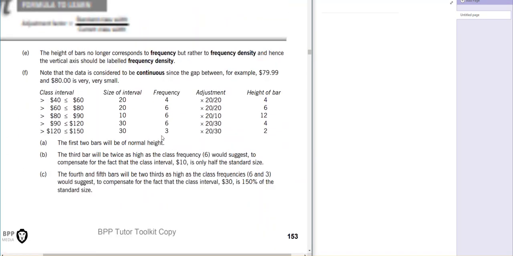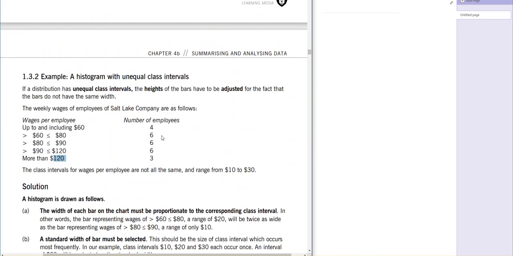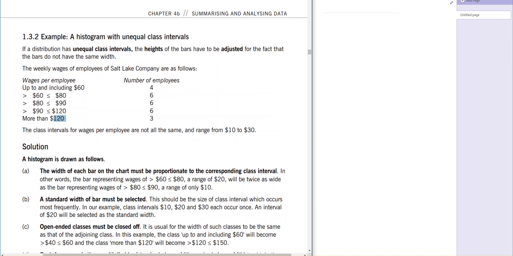So when we don't have equal intervals, the first thing we do is find a standard width. Standard width would be a width that is common in all of the ranges. Like in some ranges here it was 20, here we have 10, here we have 30. So none of them is repeated.